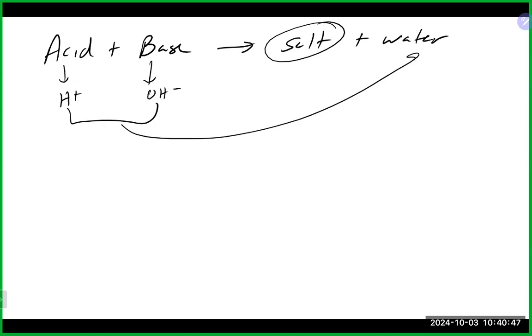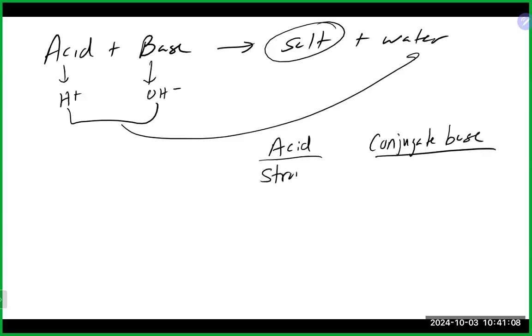This is where those relationships that we talked about earlier on are really important. What I mean by that is, if you remember, we talked about an acid and its conjugate base. If we have a strong acid, its conjugate partner is going to be relatively weak. And if we have a weak acid, its conjugate base will be relatively strong.